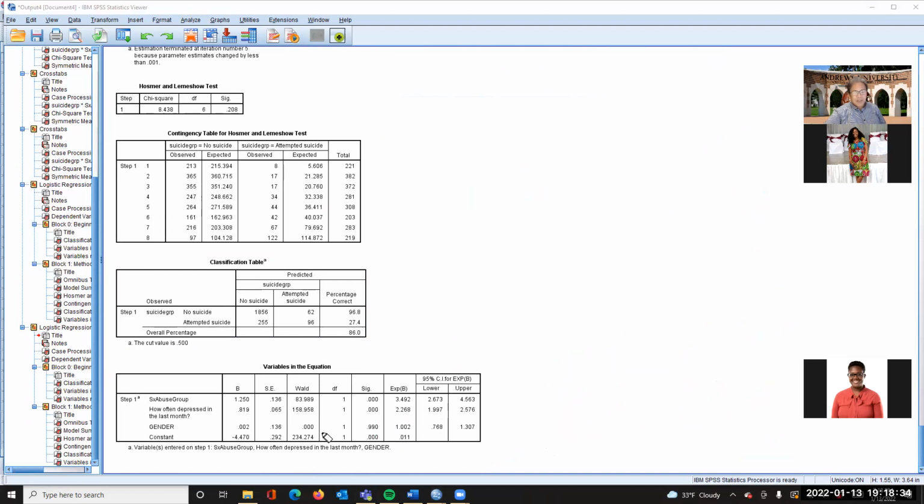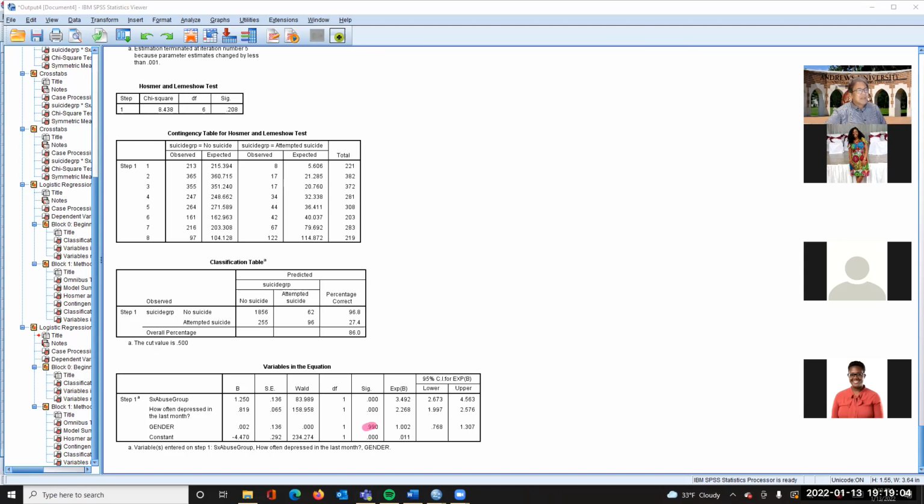All right, so here it says gender is not a significant predictor. In other words, once you take into account abuse and depression, gender does not come into play anymore. In other words, whatever gender can explain, sexual abuse and depression can explain.